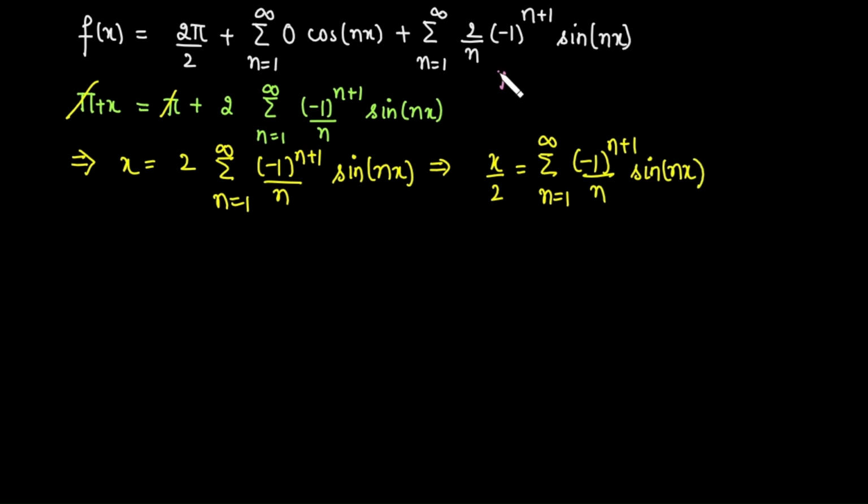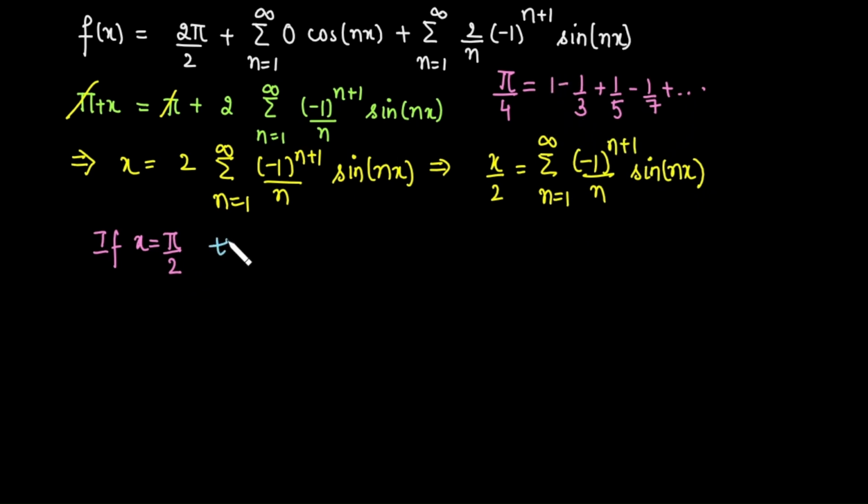As per the requirement, we need pi by 4 is equal to 1 minus 1 by 3 plus 1 by 5 minus 1 by 7, and so on, from this series. So you can observe that from the left hand side we are getting the value of x directly. So if we put x is equal to pi by 2, we just need to check from the right hand side whether we are having this series or not.